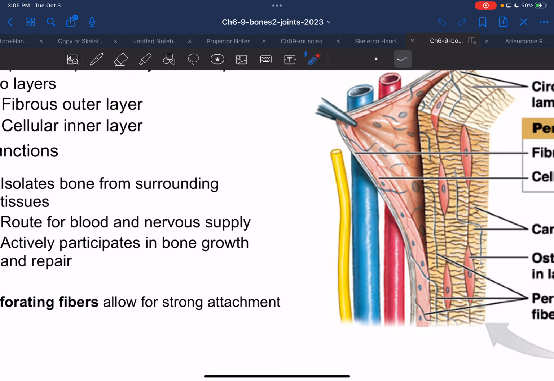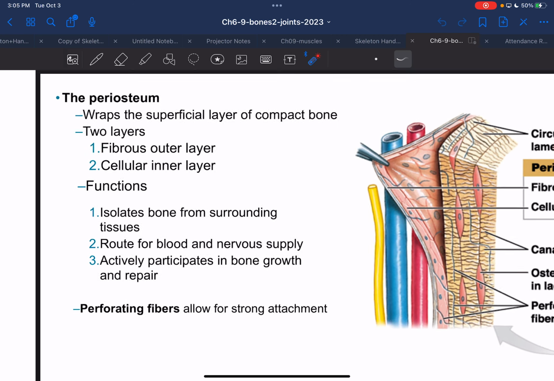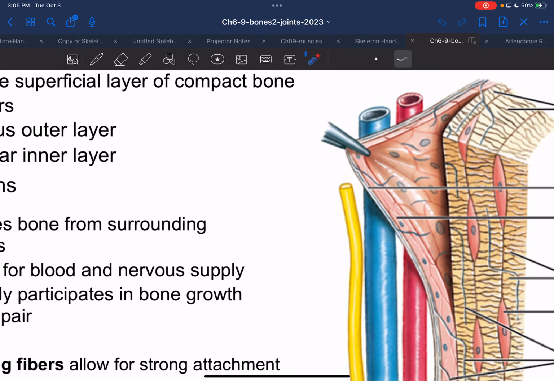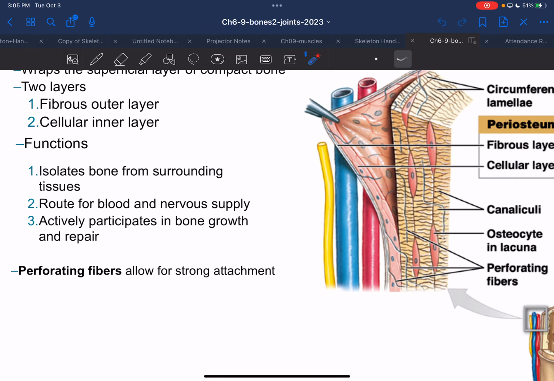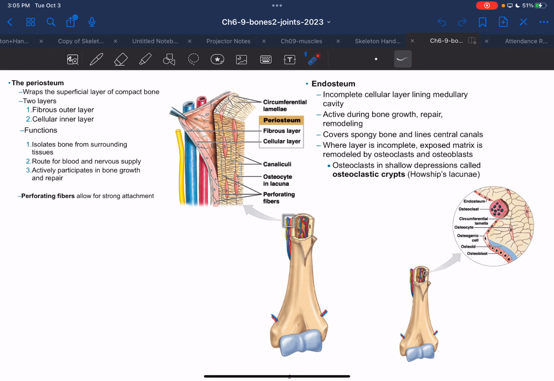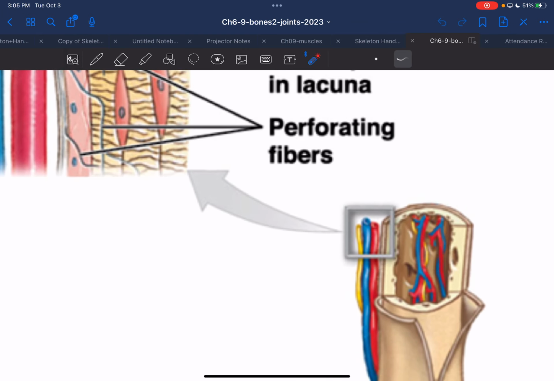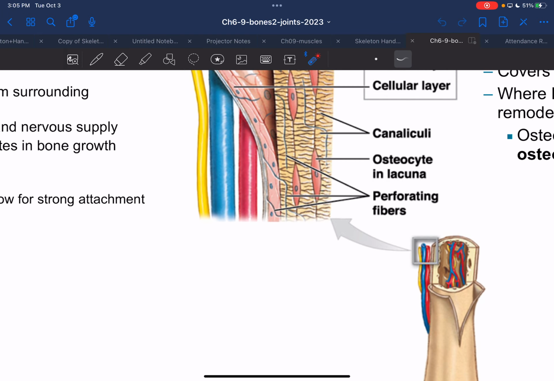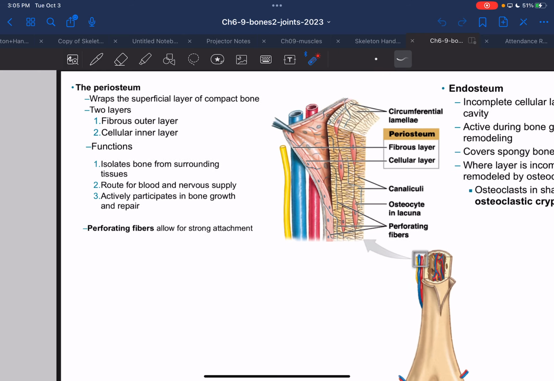There are some blue ones here, maybe some red ones, but these are actually perforating fibers. I misspoke. They're not really shown on this diagram, but keep in mind that you have to imagine blood vessels being innervated into that compact bone.